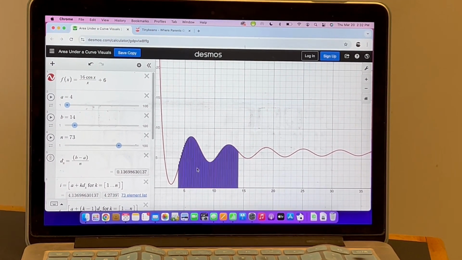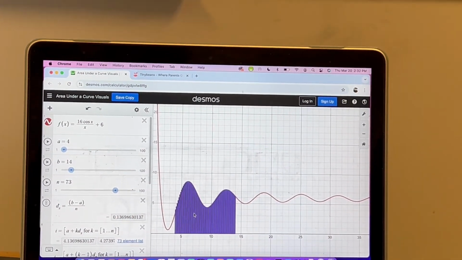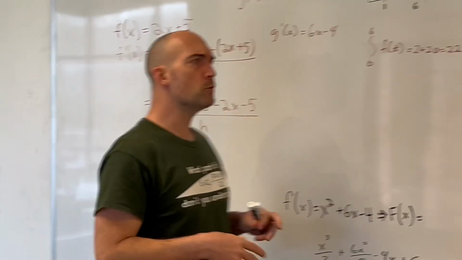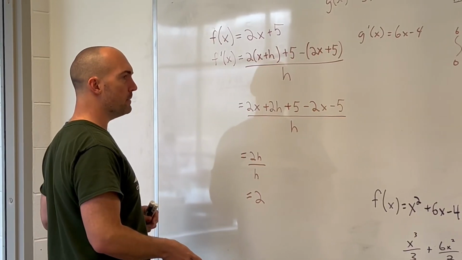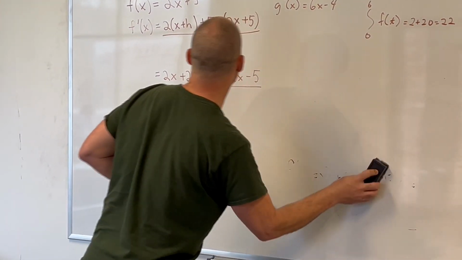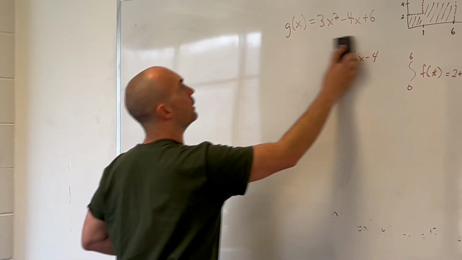That's great news. The bad news is taking 73 different rectangles is not so fun. When you do stats, by the way, you're going to come back to that quite a bit. So it would be great if there was a faster, better way to do that. Well, as luck would have it, there is.